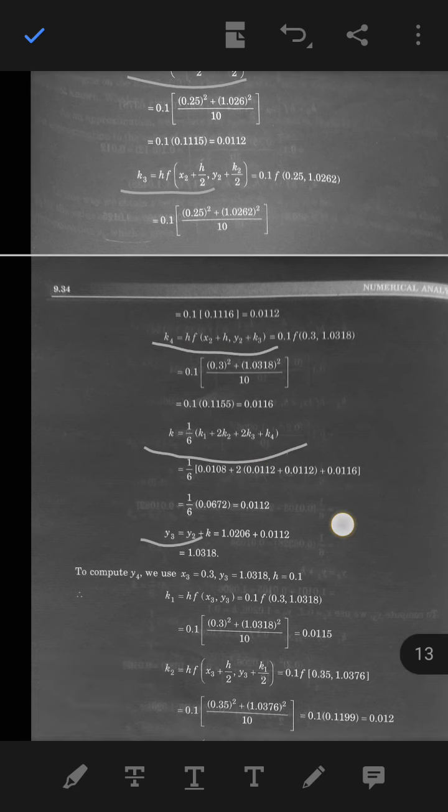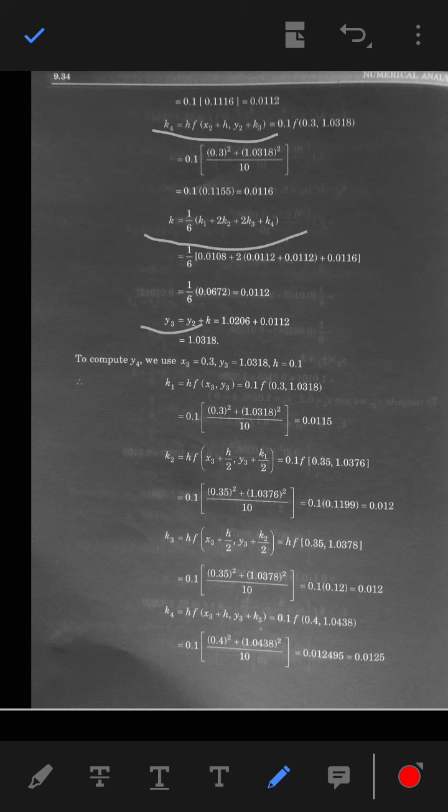Now find the value of k3, and now k4. This is our k4, and again by using these values we find the value of k as 1 by 6, k1 plus 2 k2 plus 2 k3 plus k4, and finally y3 will be equal to y2 plus k. So we find the value of y3.